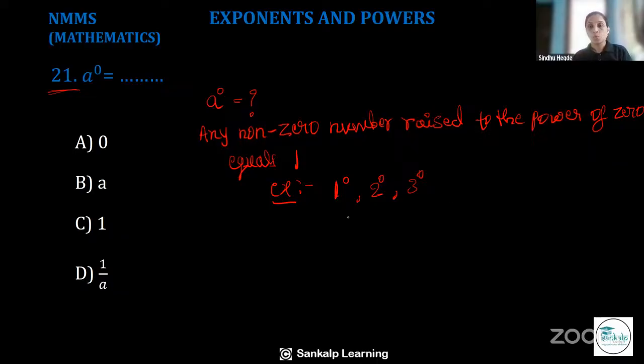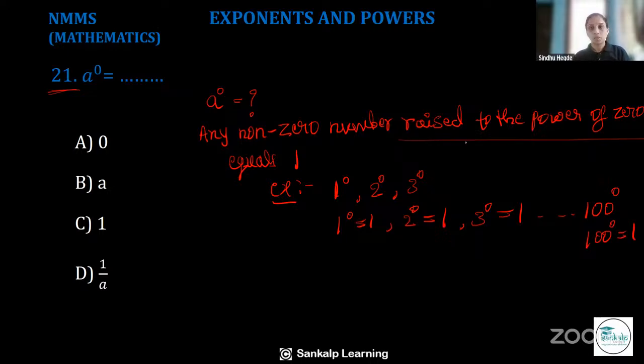So 1 raised to 0 is 1, 2 raised to 0 is also 1, 3 raised to 0 is also 1. You can take 100 raised to 0, still the answer is 1 only. According to this law, any non-zero number raised to the power of 0 is always equal to 1.